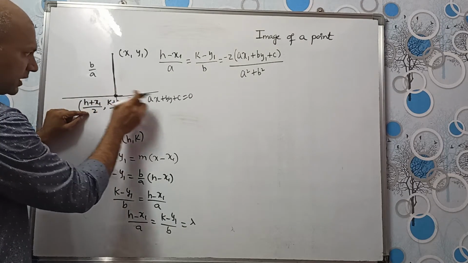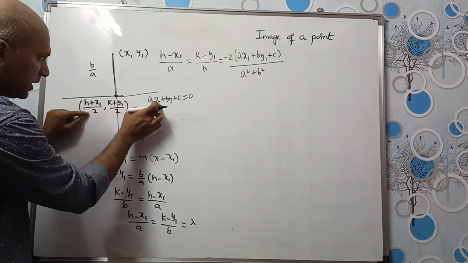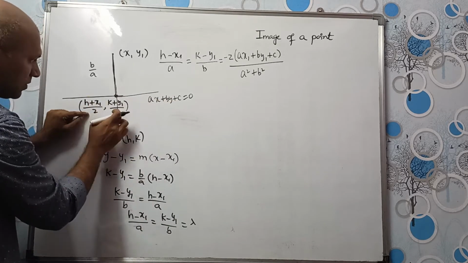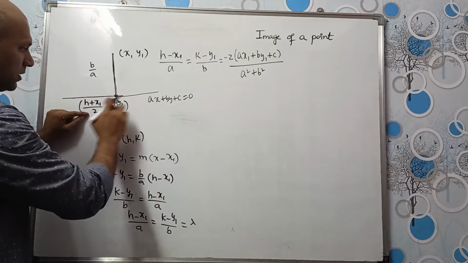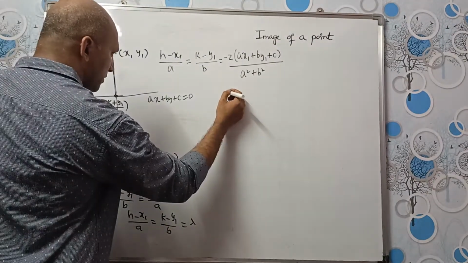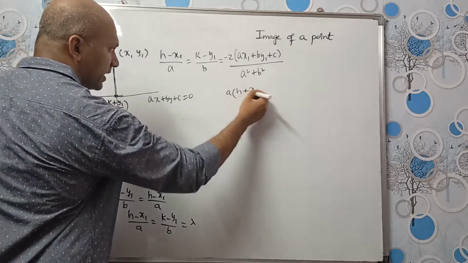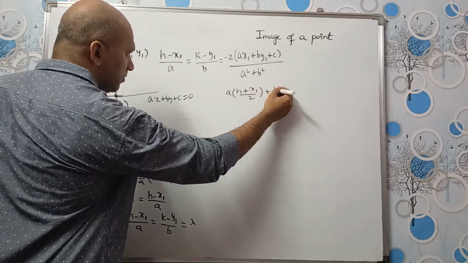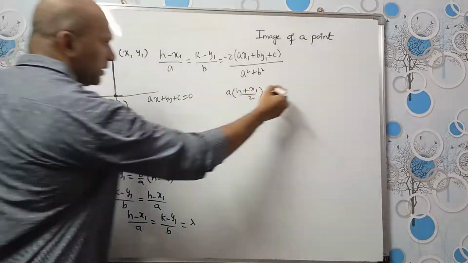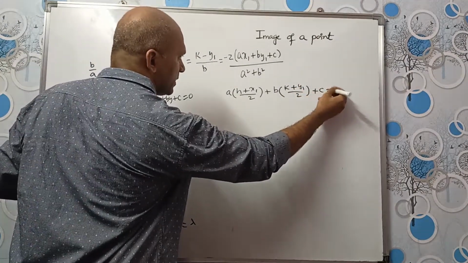this midpoint is lying on this straight line, which means if we substitute these values in place of x and y, this point should satisfy, right? Let us substitute. So what is this now? a, x is equal to how much? x is h plus x1 by 2, plus b, what is the value of y? k plus y1 by 2, plus c is equal to 0.